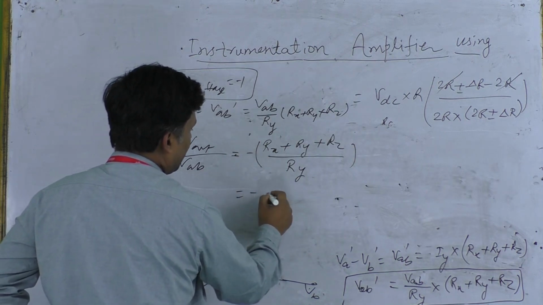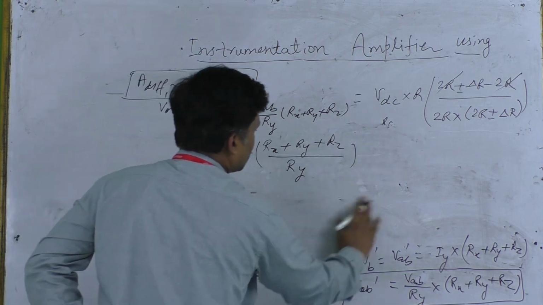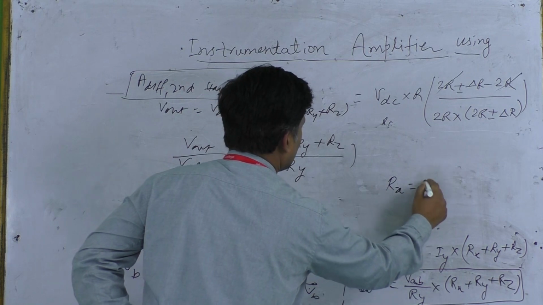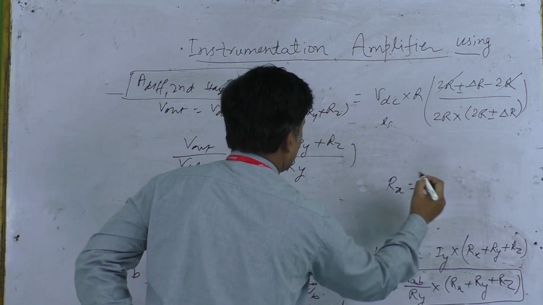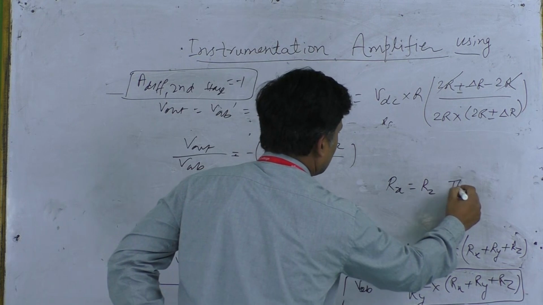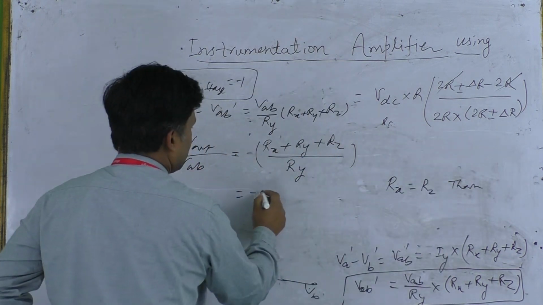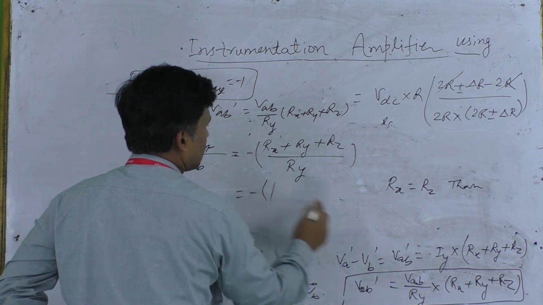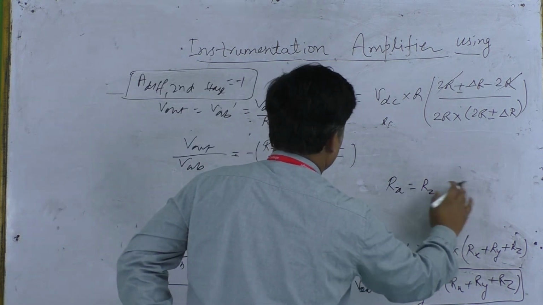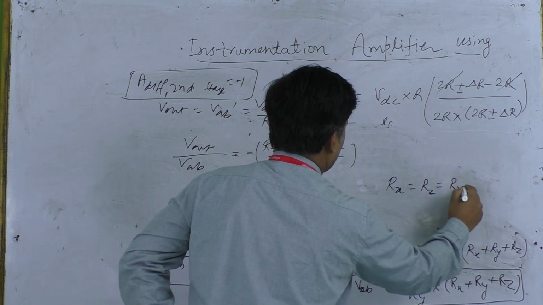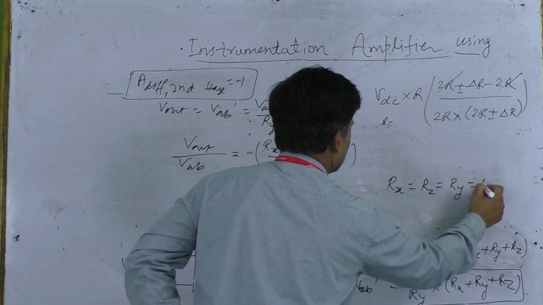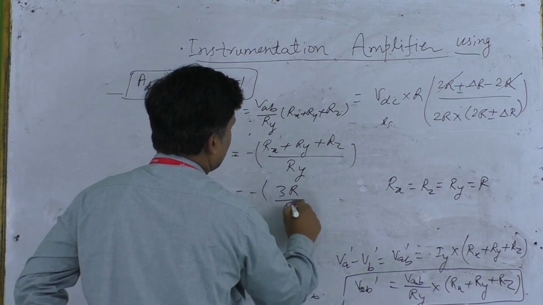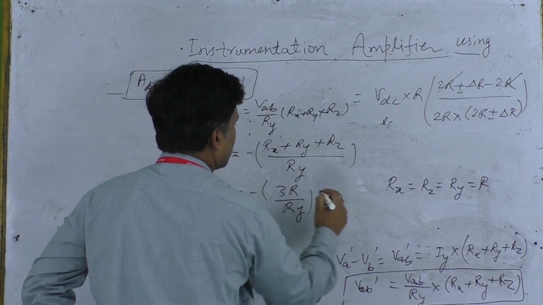Finally, you can also take another consideration, Rx is equal to Rz, then this will be simply twice, or equal to Ry, let's say equal to R. In such a situation, that is 3R divided by Ry, so the gain will be simply 3.